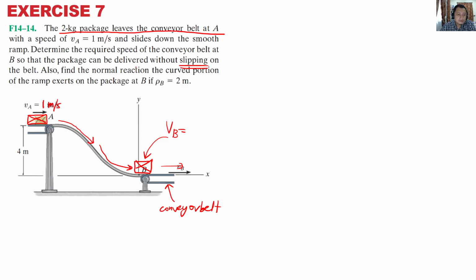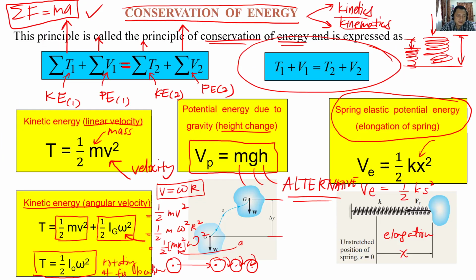So normal reaction force, no need to find this one yet. Just find out what the velocity is first. So the height is 4 meter. So let's write down the formula. What is the formula that we should use to make it less confusing?